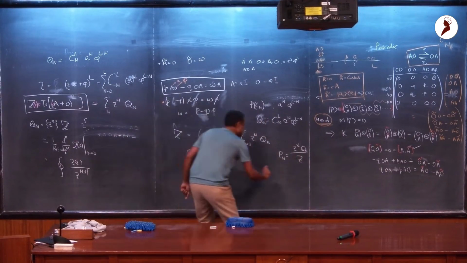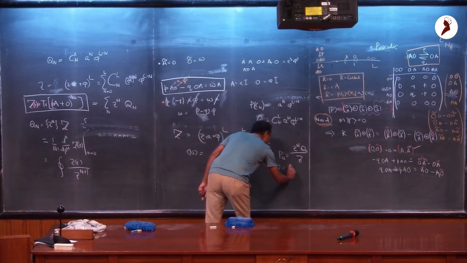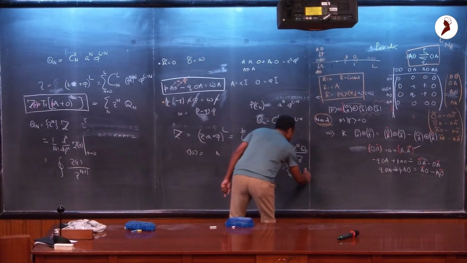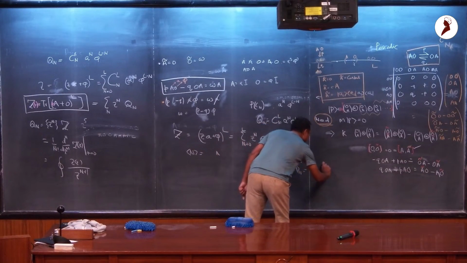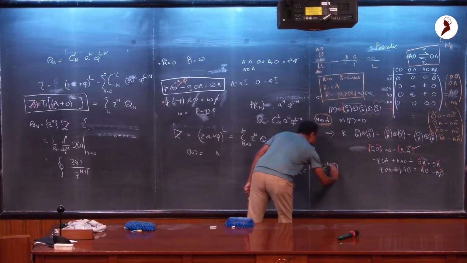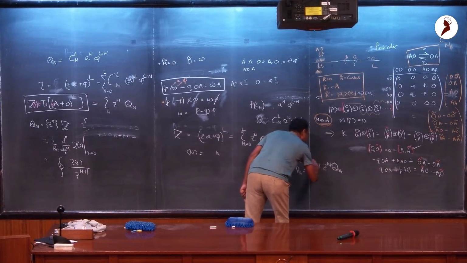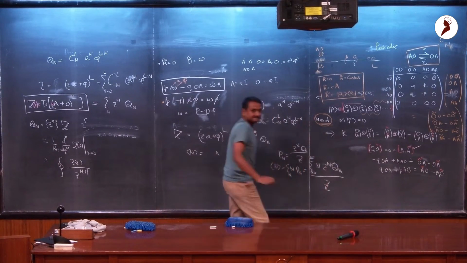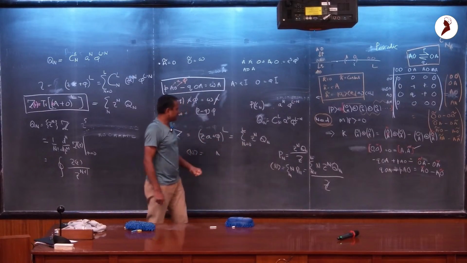So if you want n average, that will be n times Pn summed over n, which is z to the power n Qn times n, summation over n equal to 0 to L, divided by Z. That is your n average. But how to get this?